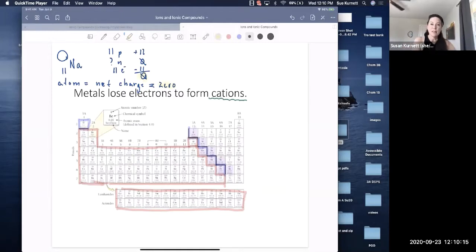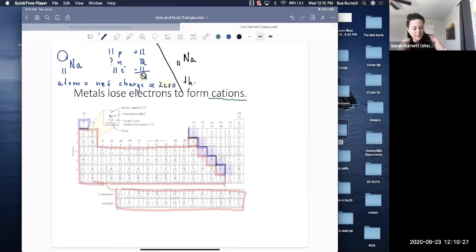But metals lose electrons, and sodium typically loses 1 electron. So now I'm going to talk about sodium, the ion. Sodium still has 11 protons, or it wouldn't be sodium. It has some neutrons, depends on the isotope, but neutrons are neutral.